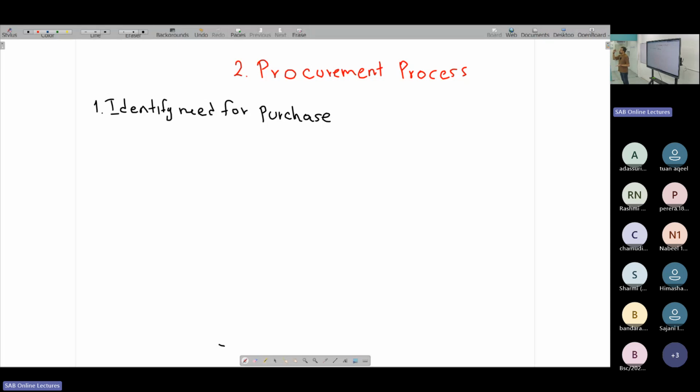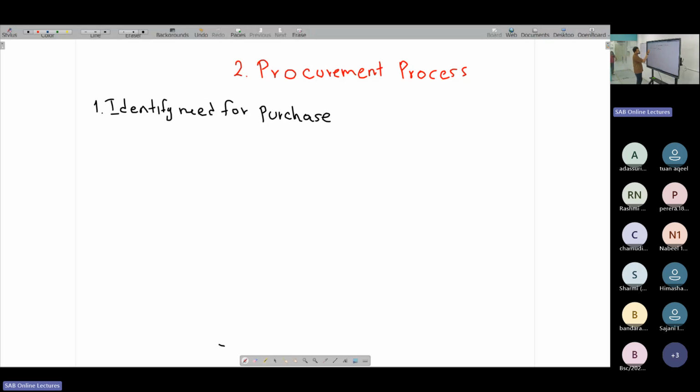Then the internal control is applied for raw material, with the quantity limits, and then the purchase is made or not. So that is: identify need for purchase.